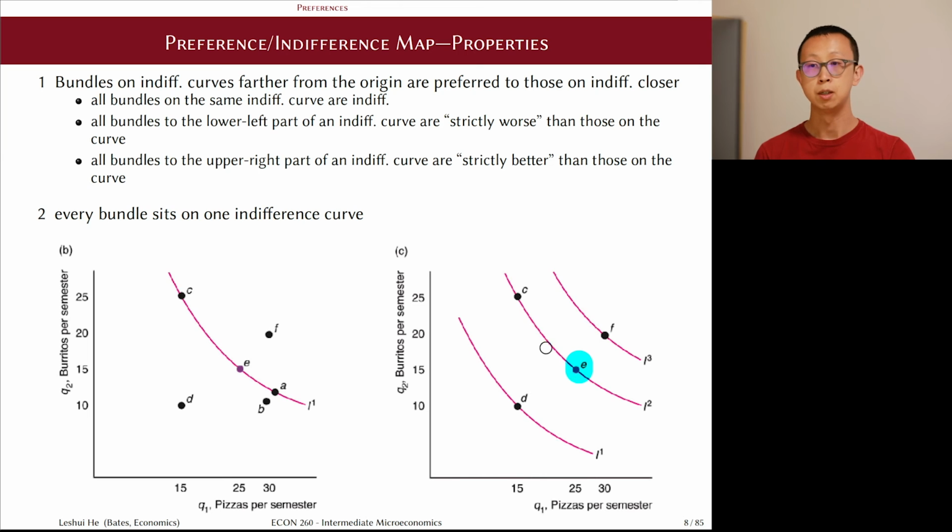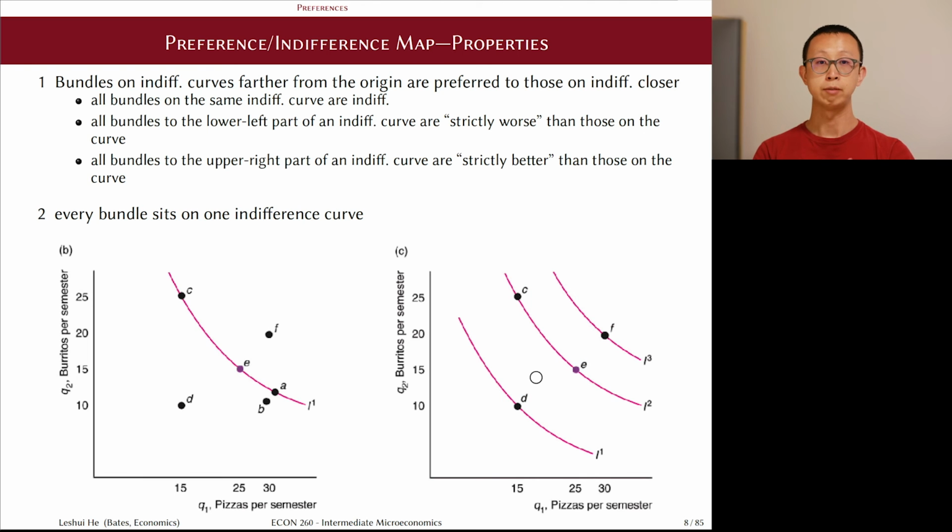For instance, here, bundle C would be indifferent to bundle E, and we know that bundle F is more preferable compared to bundle E and C, but also there are many other bundles that are just indifferent compared to bundle F. And similarly, we know that bundle C and E are more preferable compared to bundle D. But also we know there are many other combinations of goods that are just as preferable. Of course, they're all less preferable compared to E and C.